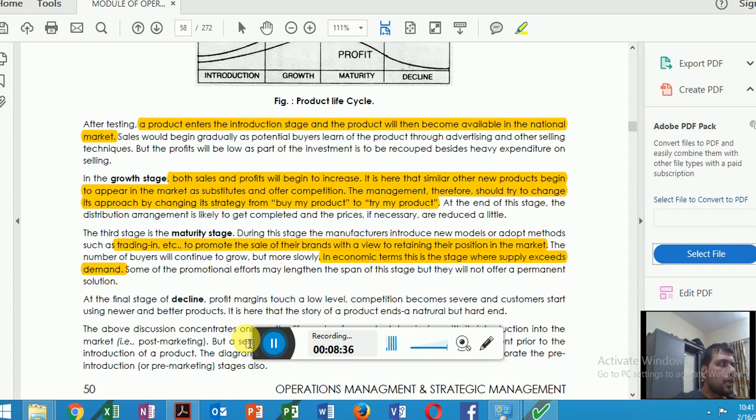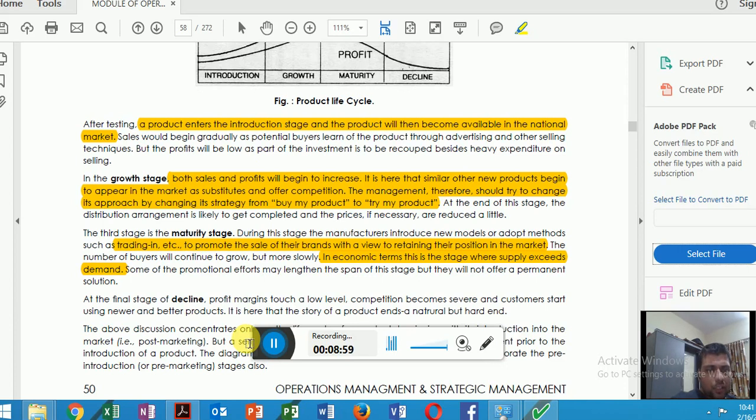They are trying to implement new techniques so that the sale doesn't reduce drastically. If it is reducing, it should not reduce drastically, as a result of which they will be able to maintain their particular market share in the industry in which they are operating.